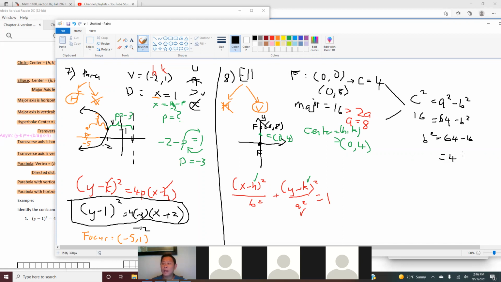Anyone know what 64 minus 16 is? 48. And then we do not need to take a square root of it because our equation wants b squared. So now we know b squared, we know a squared, we know HK. We just plug all this into the equation.